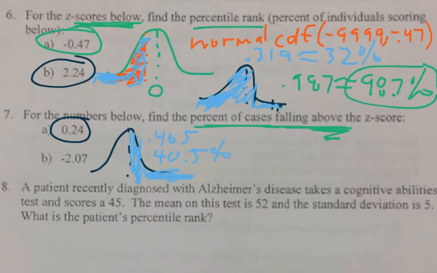Okay, one more in problem 7, B there. Follow the red. So I'm going to do my quick sketch again. Always do that sketch, guys. And notice I want to go above negative 2.07. So remember, if the middle is 0, I'm going to go back 1, 2, and a little bit below or left of the mean, right?